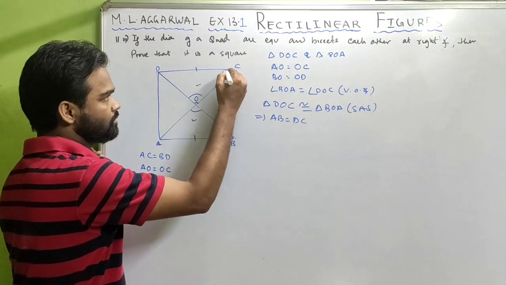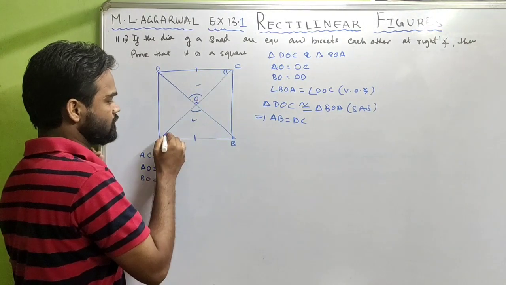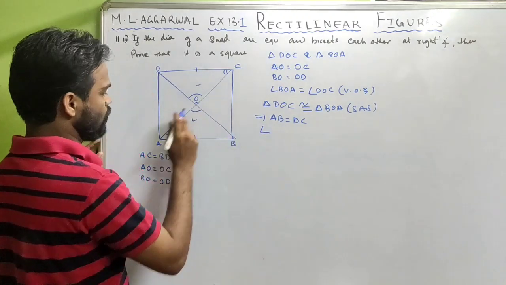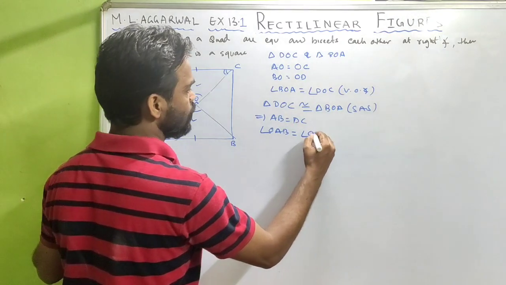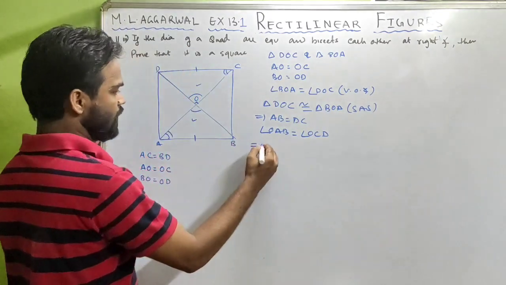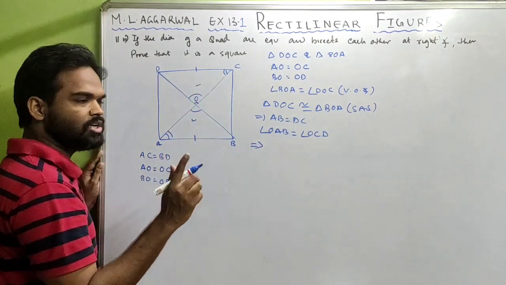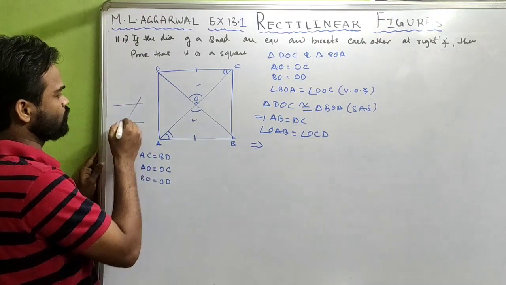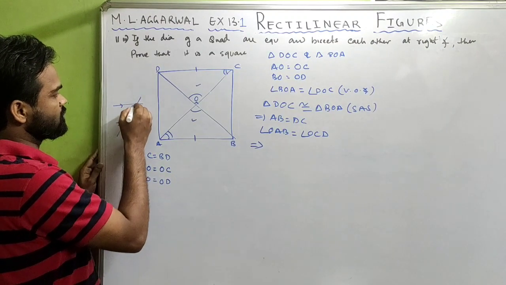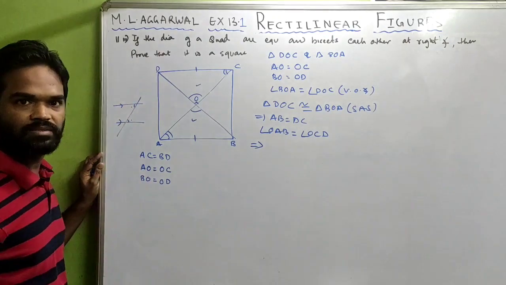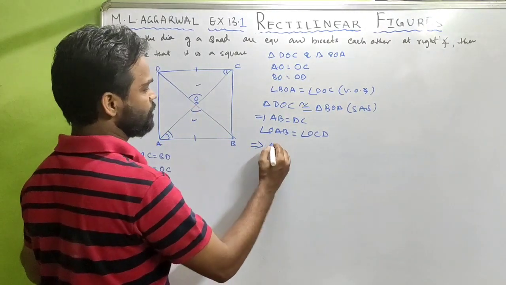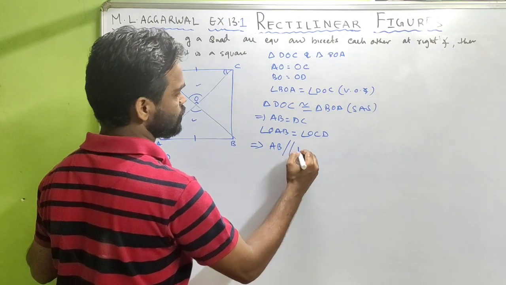And this angle and this angle will be equal. Angle OAB is equal to OCD. And if these two angles are equal, just look over here. If these two are parallel, then this and this angle are equal. So if these two are equal, these two are parallel lines, which simply means that AB is parallel to DC.